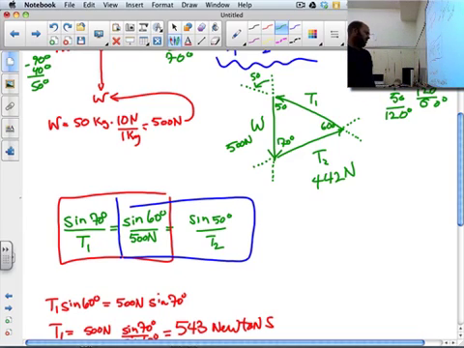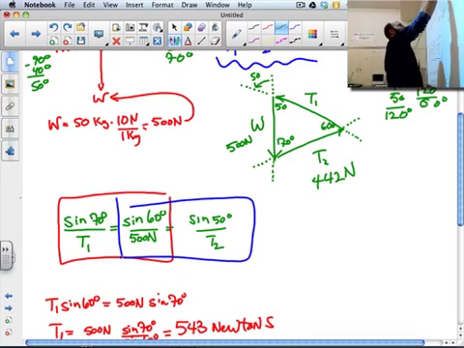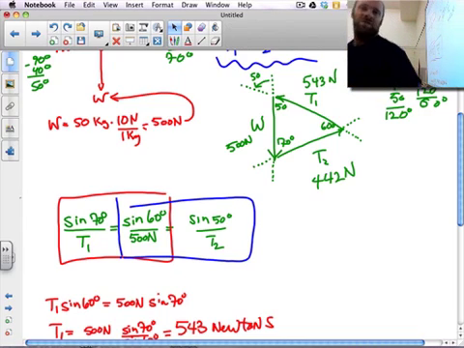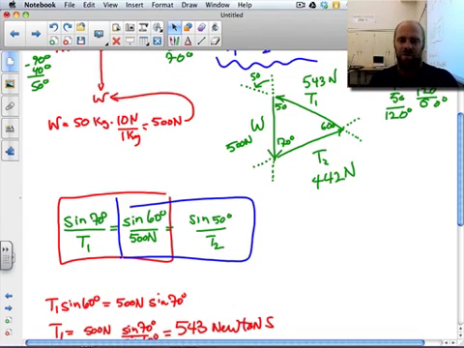And my T1 is going to be 543 newtons. All right. So that was a geometric method for solving number 3. Next, I'm going to show you a different method where we break up each of the forces into components. It's a little more complicated, a little more work. Anyway, thanks for watching. Have a good day.